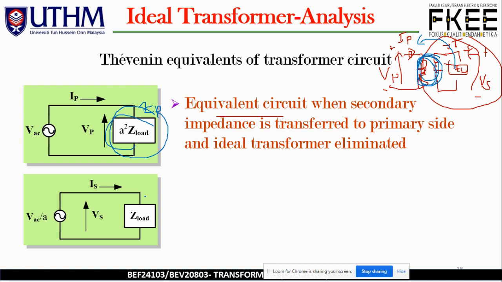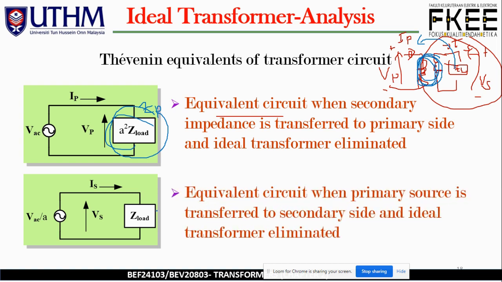Same goes for the second figure, the equivalent circuit when the primary source is transferred to the secondary. Let me change the color, let's pick yellow. The yellow part, here to here, and here to here, eliminates the transformer. So the ideal transformer is eliminated, and we have the existing Z load.